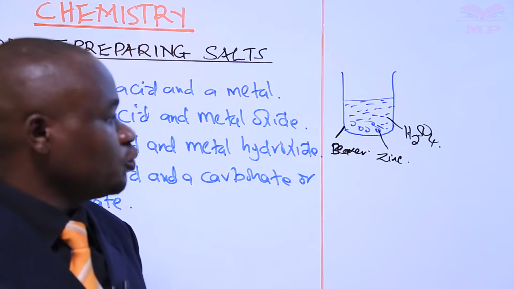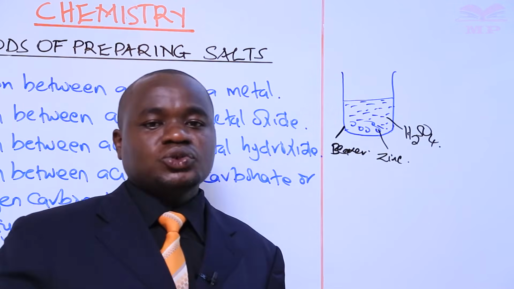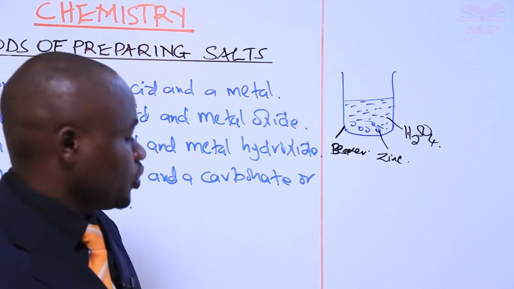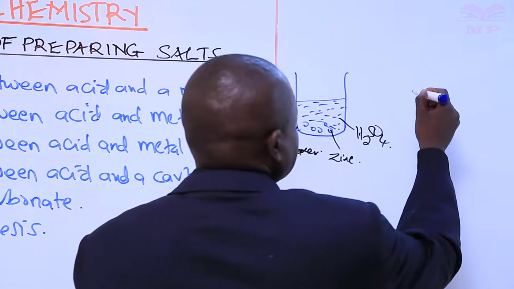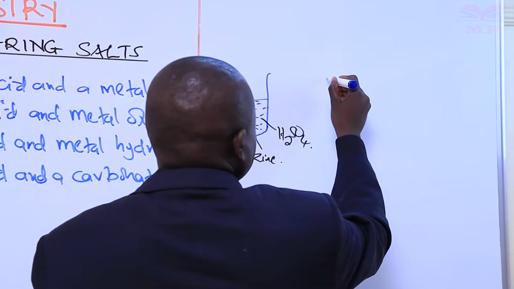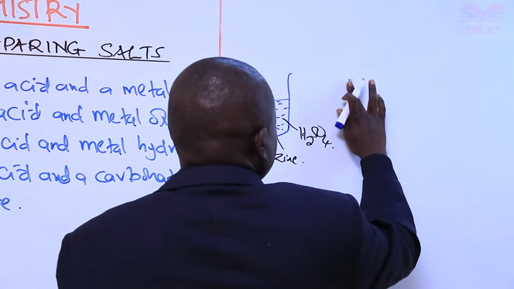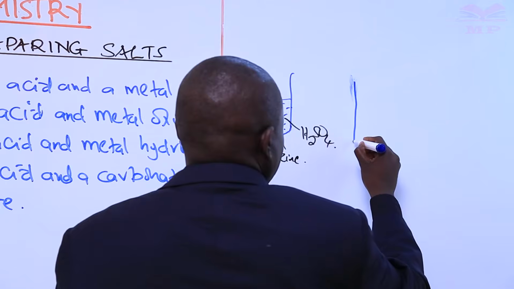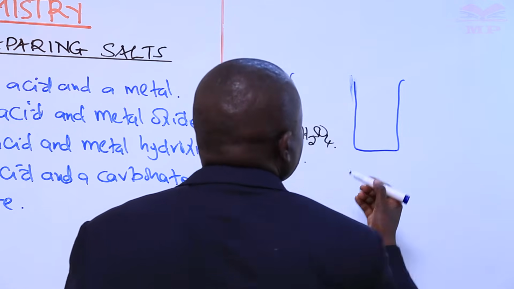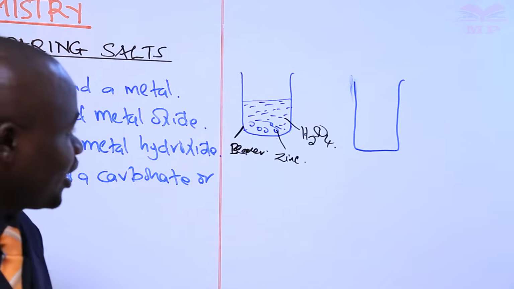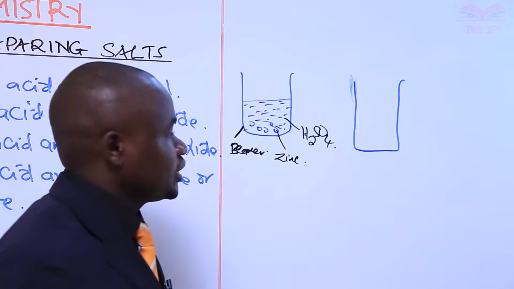During filtration, we need a filter paper. We also need a filter funnel. So this is how you should have your apparatus looking. In the second diagram, we are carrying out filtration as follows. We shall have our beaker, and we need another container that will carry the filtrate.